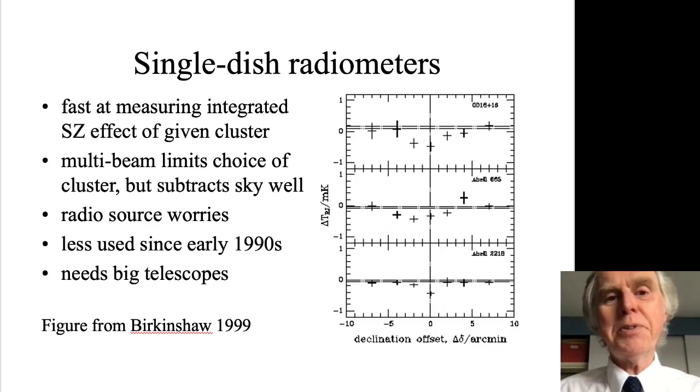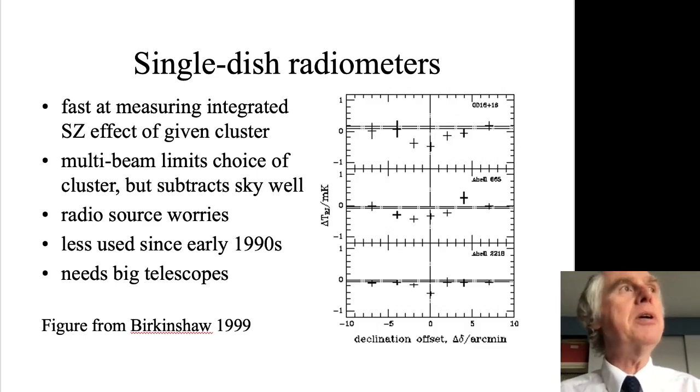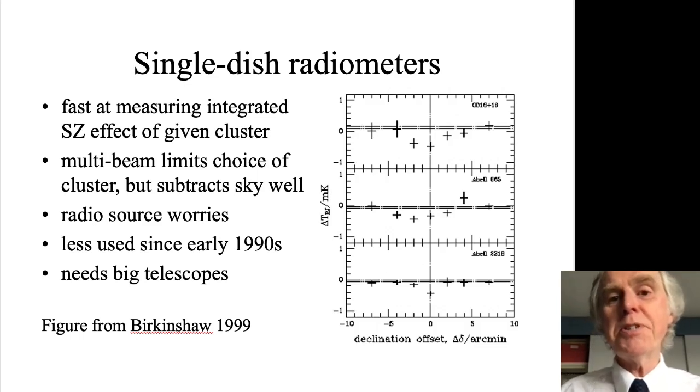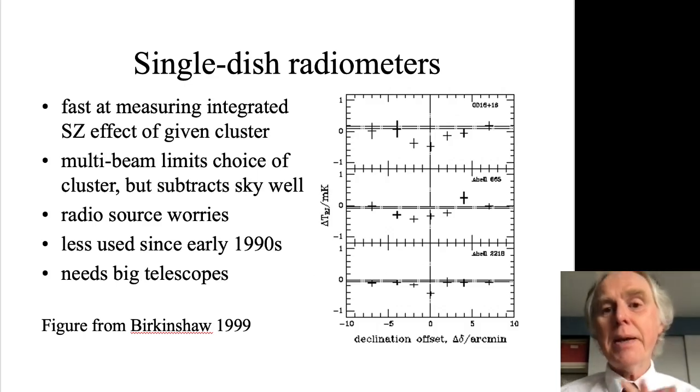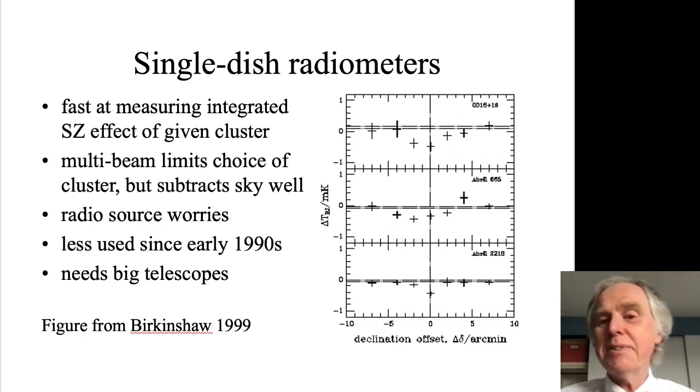The problem with this sort of technique is that if there are compact radio sources emitting on top of these shadows which are decreasing brightness, the things tend to average out. You have to have a way of getting rid of those radio sources. And radio sources tend to cluster in clusters with their galaxies.